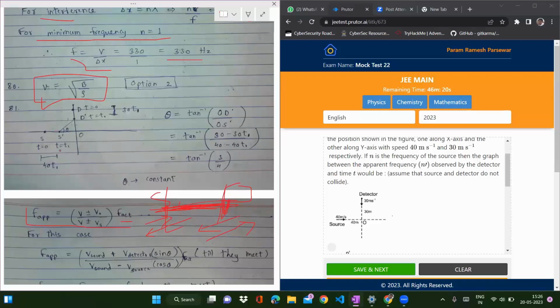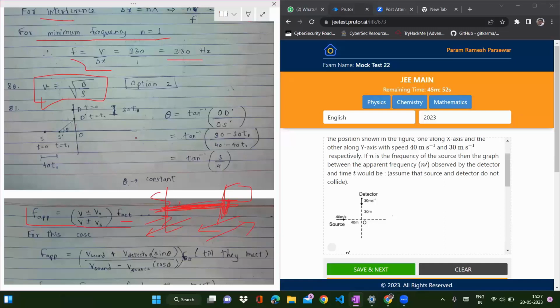In this case, as the velocity is constant, we come to this relation: this theta, which is between the line joining the source and the detector, shown by S and D, S dash and D dash at a later time, and the x-axis, is constant because the velocities are constant.